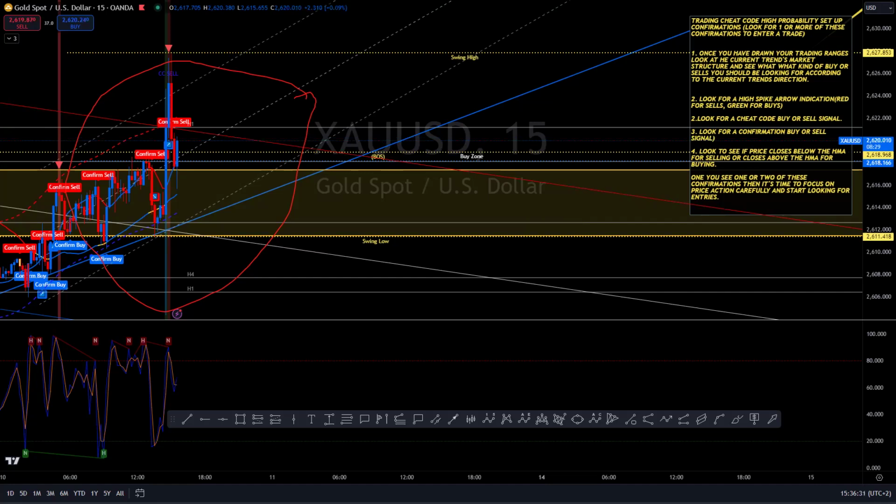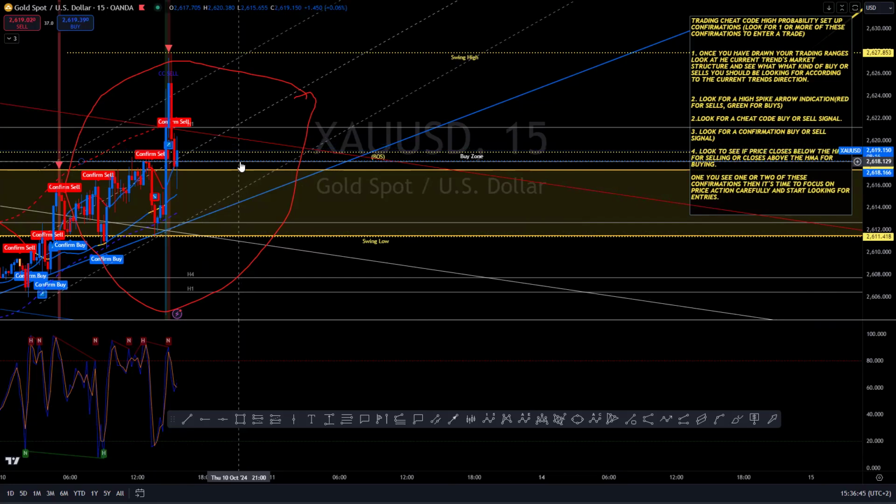But remember, price is pushing up because the overall structure of the market is bullish. So price might be ready to push up, but we'll see. If not, we'll learn from this trade. We'll keep on going.